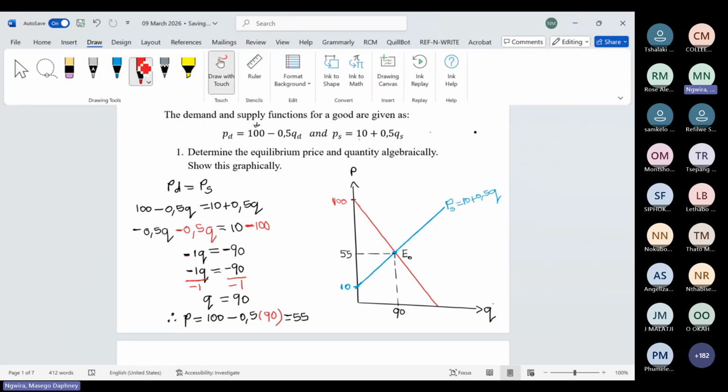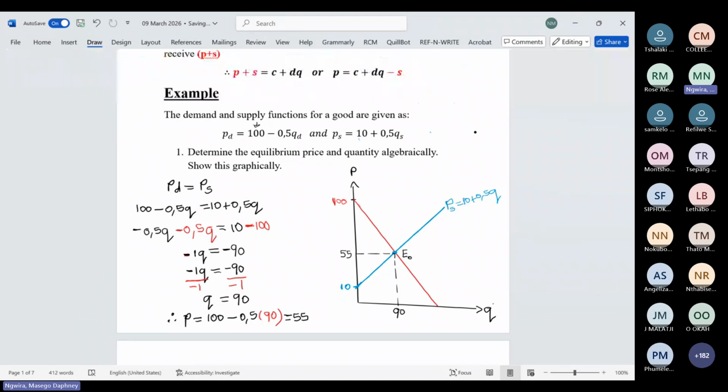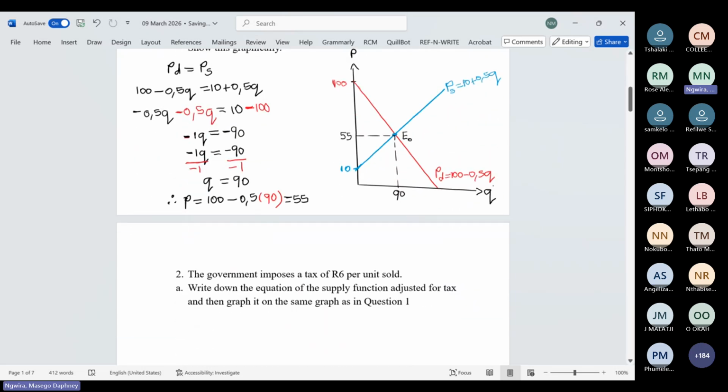And then this one is the demand function. So PD is equal to 100 minus 0.5Q. So that's how we show it graphically. And now we move on to number 2.